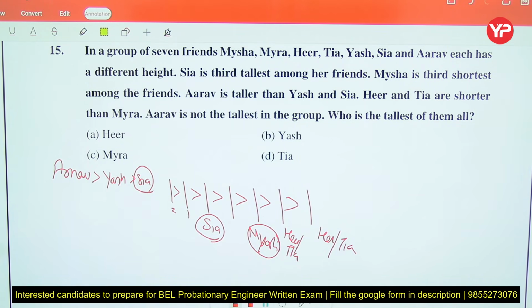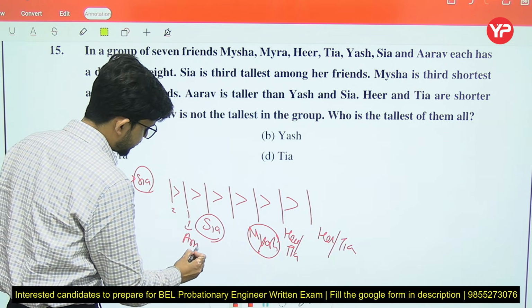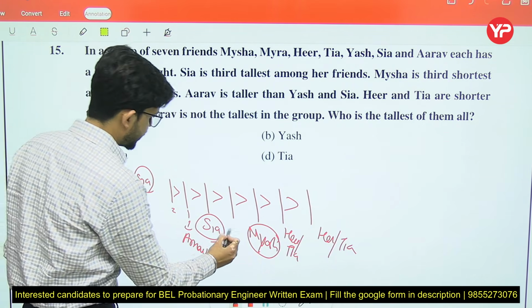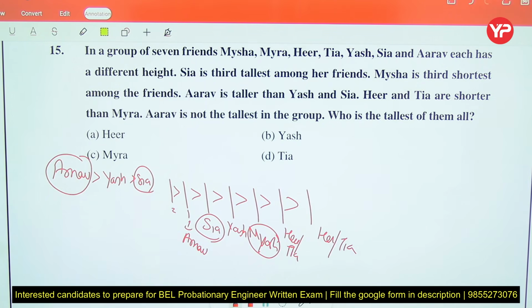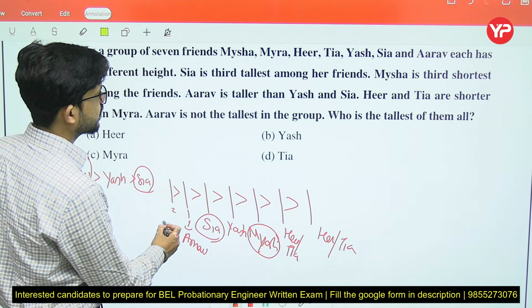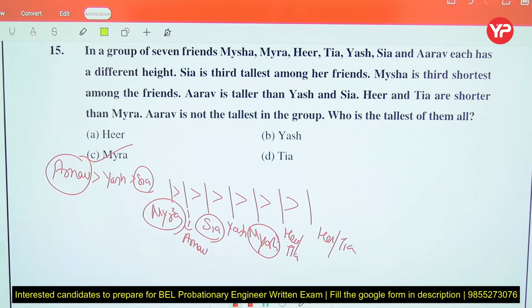Arnav is not the tallest, so we have to put Arnav here and Yash here, because Arnav is greater than Yash and Sia. So what remains? Tia, Yash, Arnav and Maisha are done, Myra is remaining. So Myra is the tallest one. So Myra is the answer.